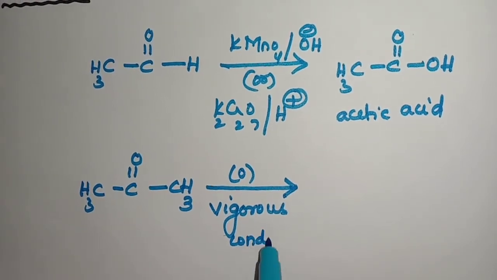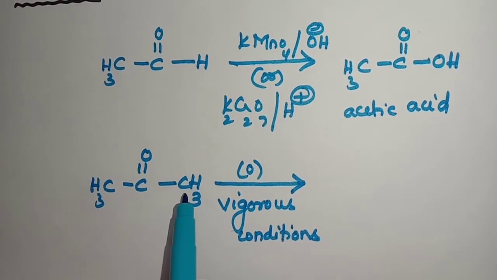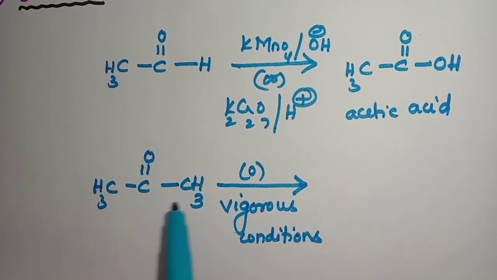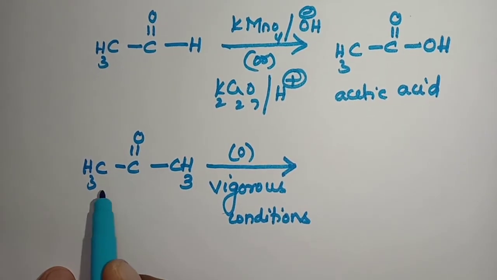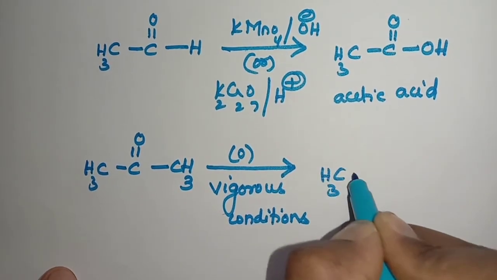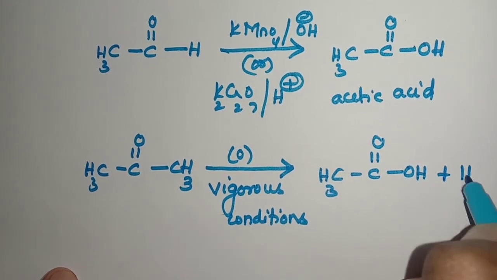That means you should apply high temperatures because the carbon-carbon bond should break in order for the ketones to undergo oxidation. Okay, and also you should remember one thing, ketones on oxidation produce carboxylic acids having less number of carbon atoms.